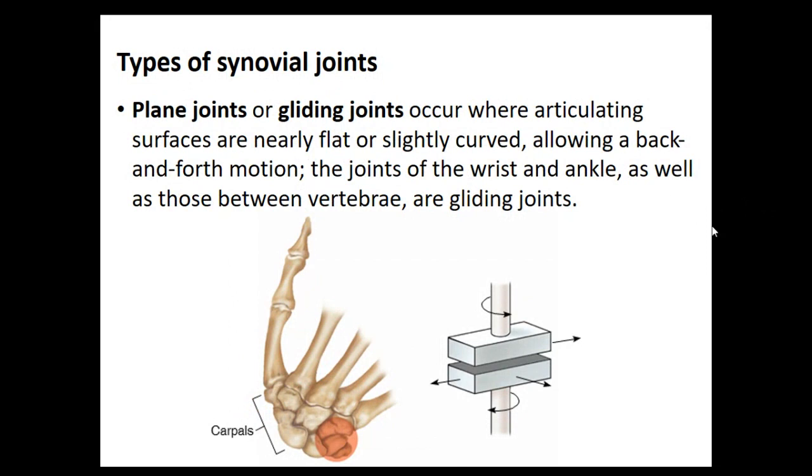Plane joints, also called gliding joints: the surfaces of the bones are almost flat where they meet. The bones of the wrist and ankles, so the carpal bones, those 8 little bones in the wrist, have pretty flat surfaces in between.